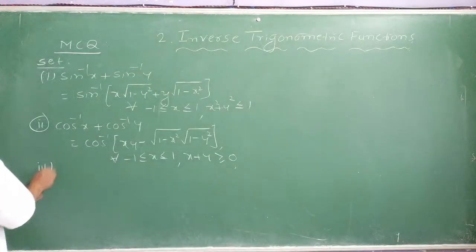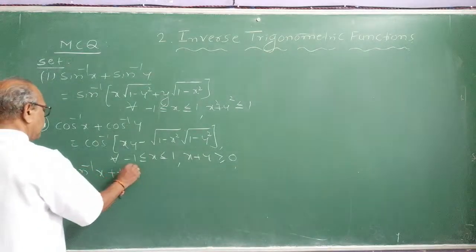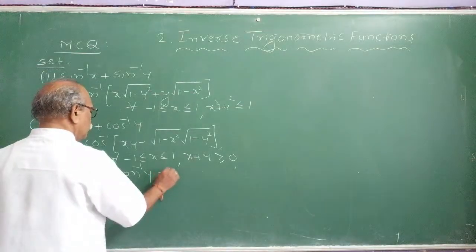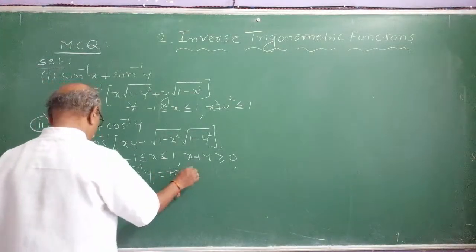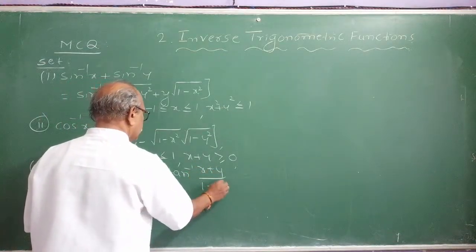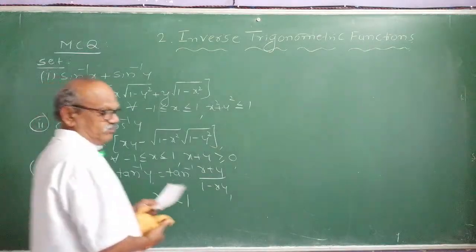Third case, this set is based on compound angles: tan inverse x plus tan inverse y is equal to tan inverse of x plus y upon 1 minus xy, provided xy is less than 1.